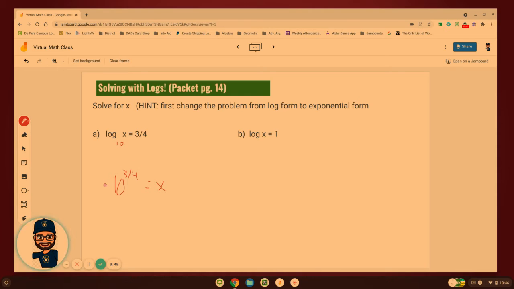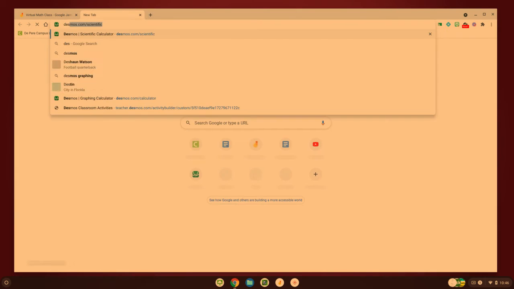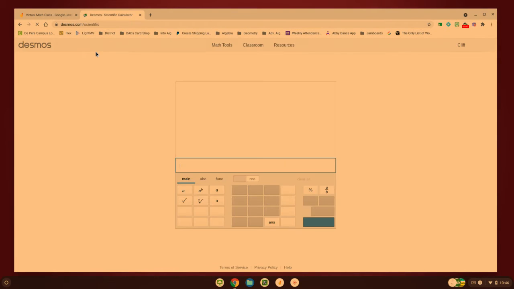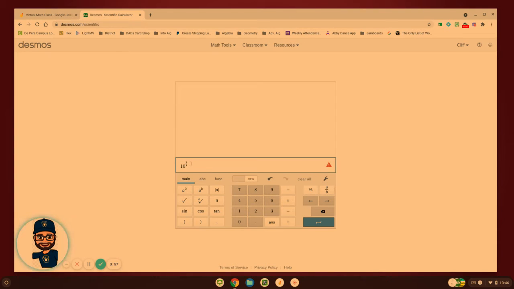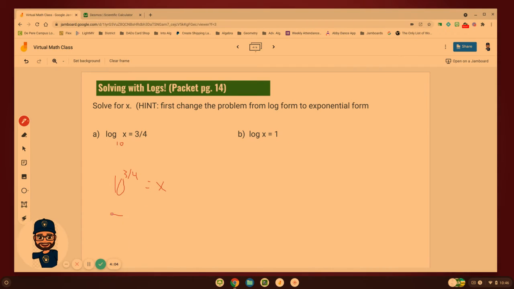Then we want to calculate what 10 to the 3/4 power is. We're going to have to use our trusty friend Desmos to help us figure that out. 10 to the power of, in parentheses, 3/4, is 5.62. So 5.62 would equal x. I can only solve for x if I convert it into exponential form.